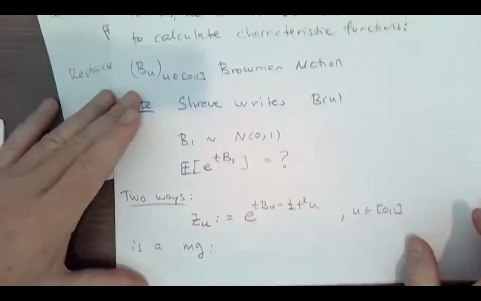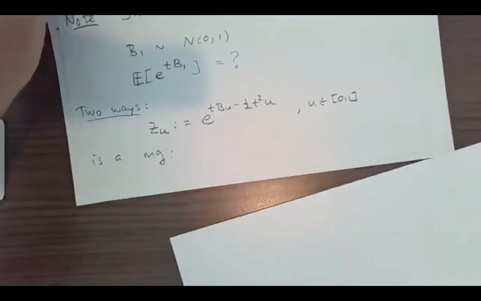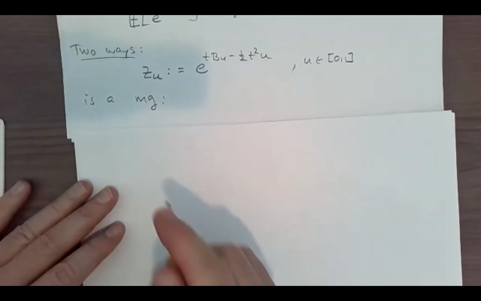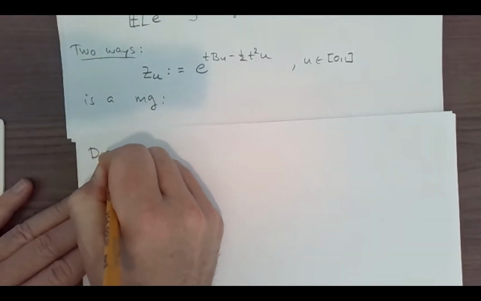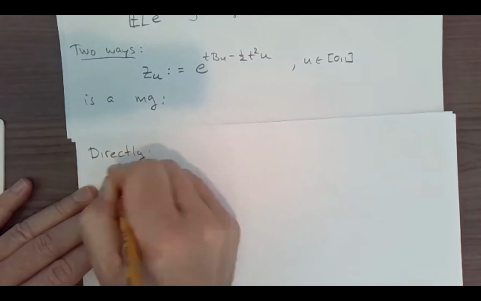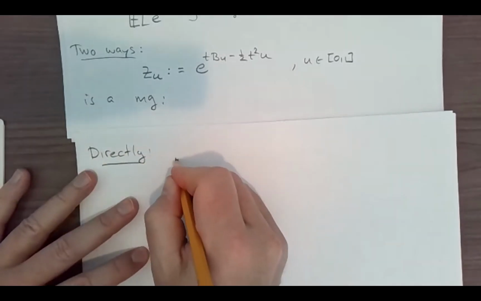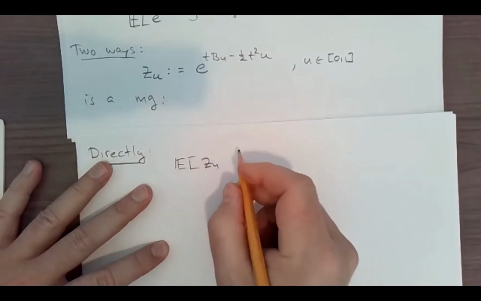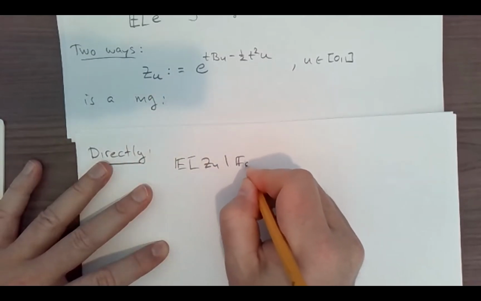So I'm going to see this 2 ways. The first one is, because we have this particular setting, we can do it directly. So we can see this directly. If I look at the conditional expectation of, say, Z_u given F_s, right?